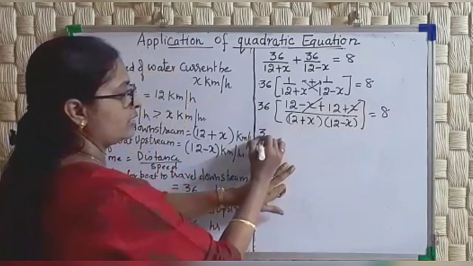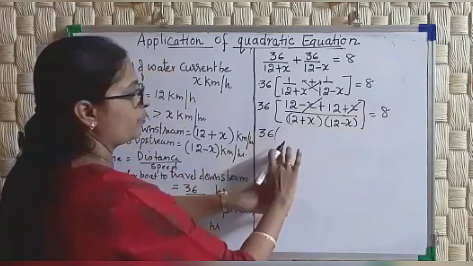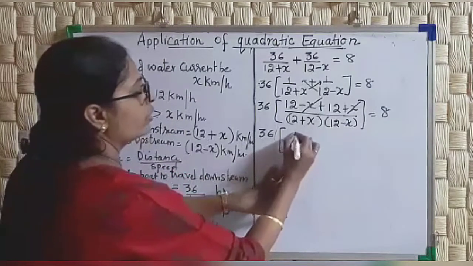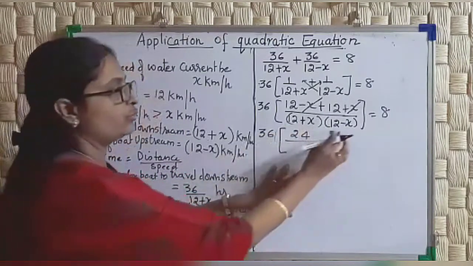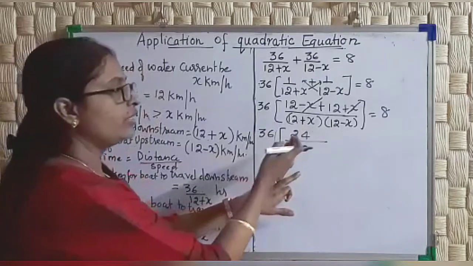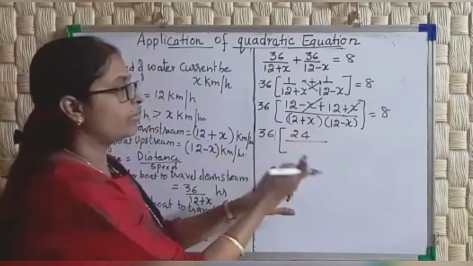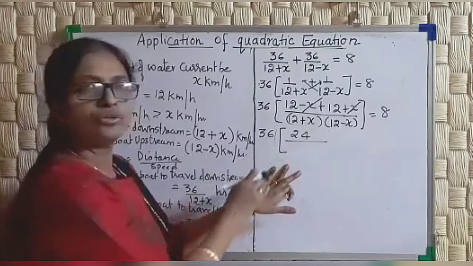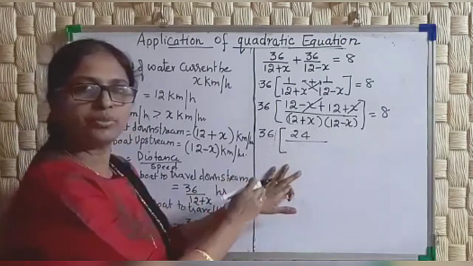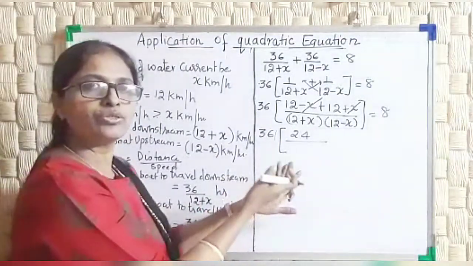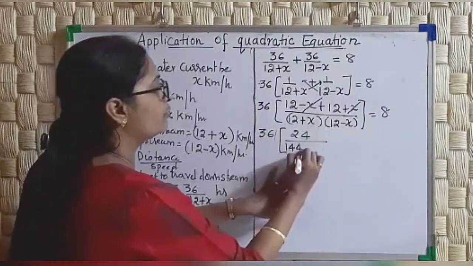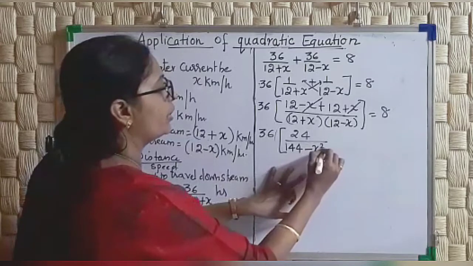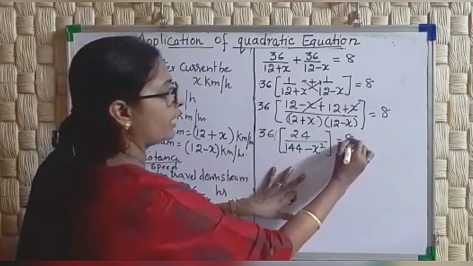We will get 36 into 24 upon 12 plus x into 12 minus x, which will be equal to 12 square minus x square. Here we are using (a plus b) into (a minus b), which is equal to a square minus b square. So 12 square is nothing but 144 minus x square equal to 8.